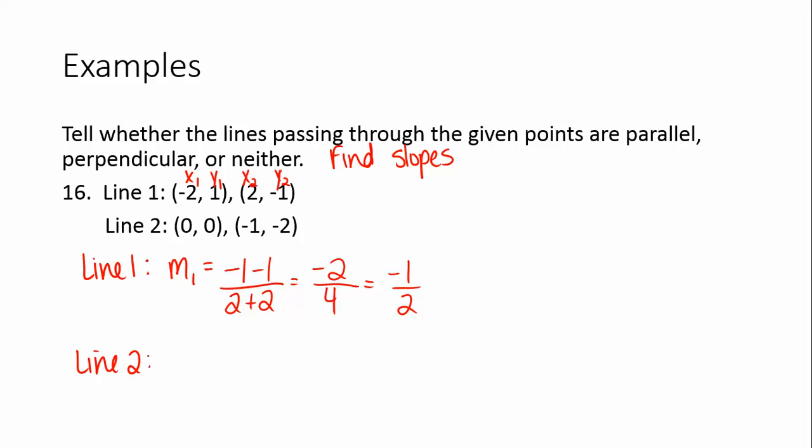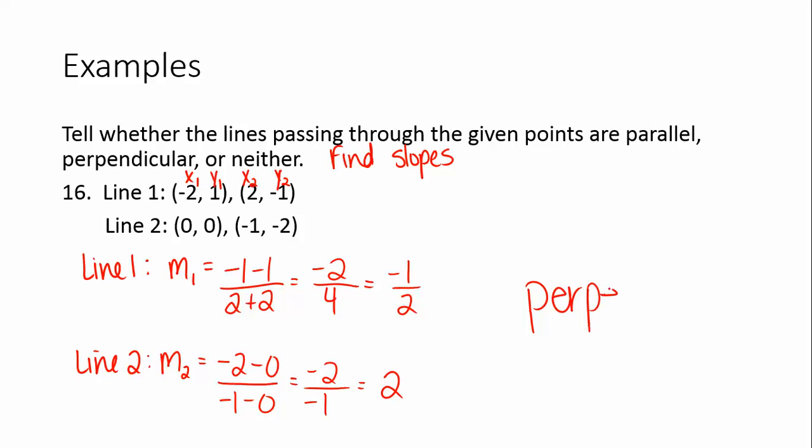Make sure that you're reducing and simplifying so that we get the signs right. Now the slope of line 2 is going to be -2 minus 0 over -1 minus 0. That's going to give us -2 over -1, which is the same as +2. Now these are the two numbers we're comparing. We have opposite in sign, and we have reciprocals, so these lines are perpendicular.